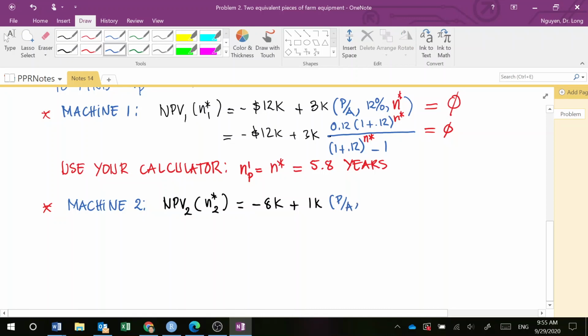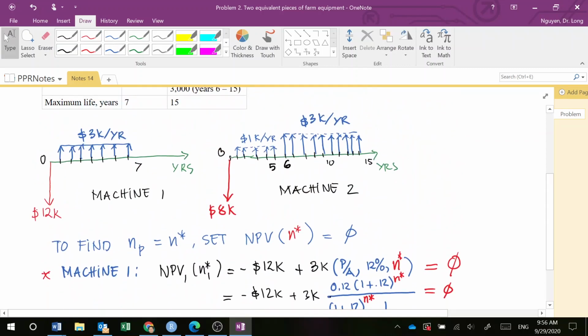Not N star, because the N star is after. The N star is somewhere here that we want to find out.